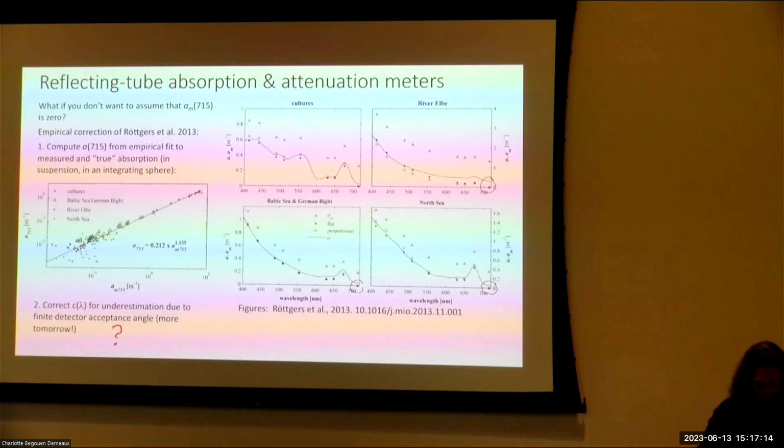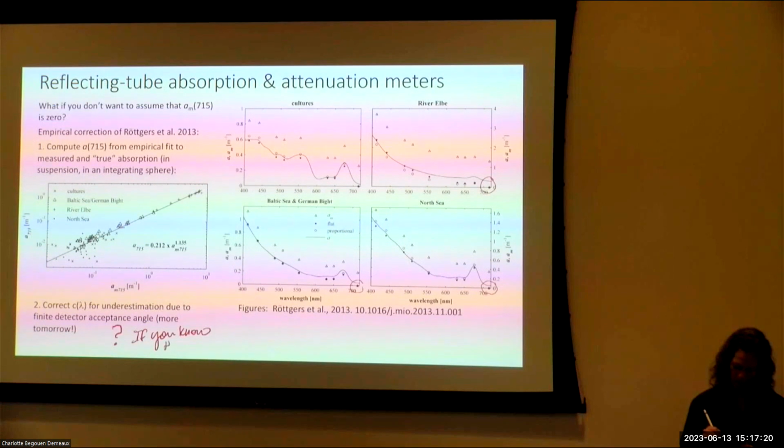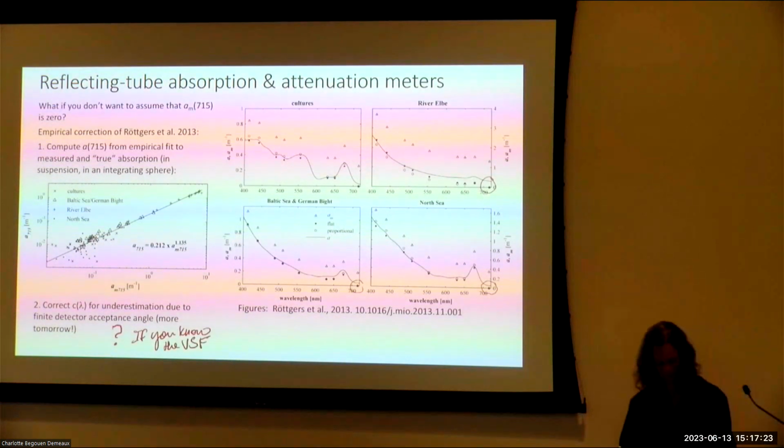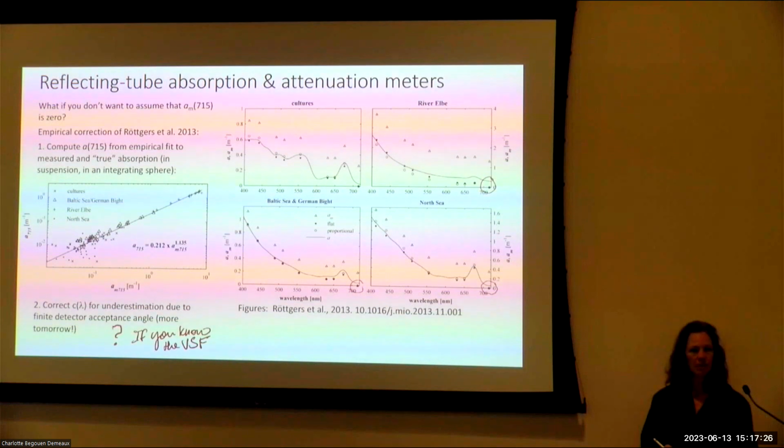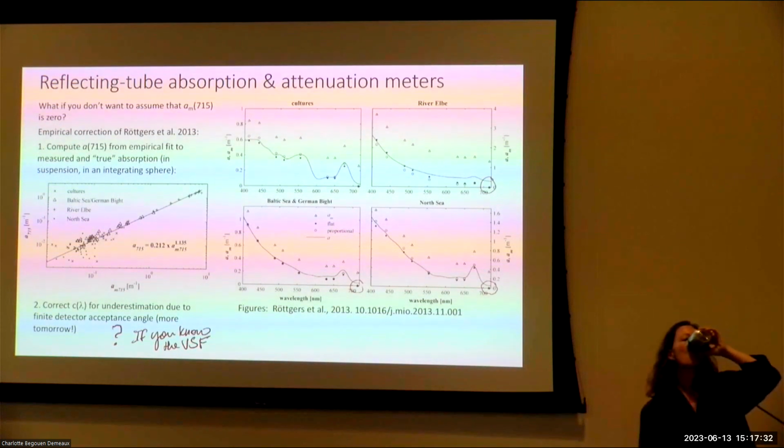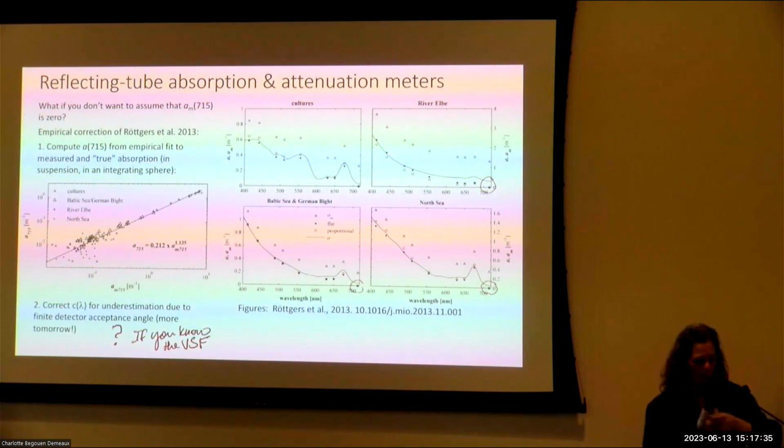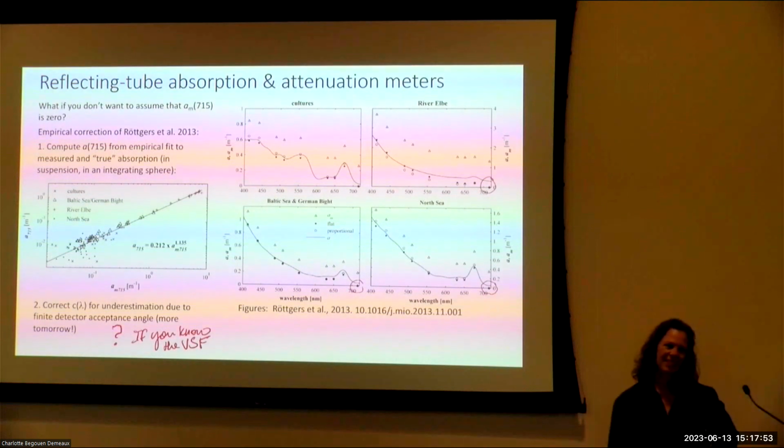They're basically saying, I know that there's some fraction of absorption in here in the red, and it used to be 70%, that 70% of what is in here in the red is the rest scattering.